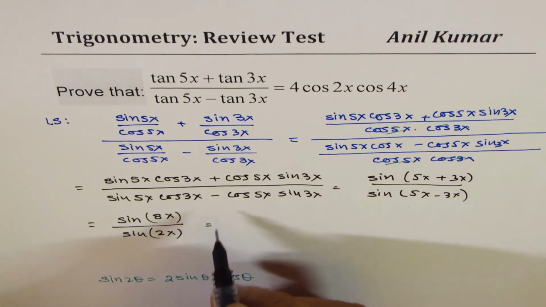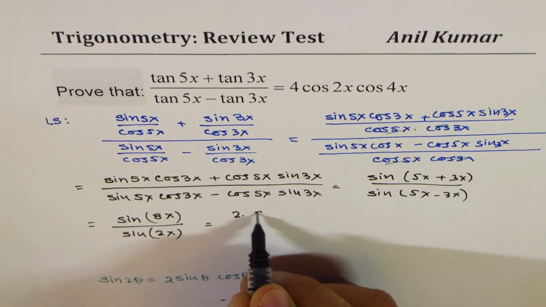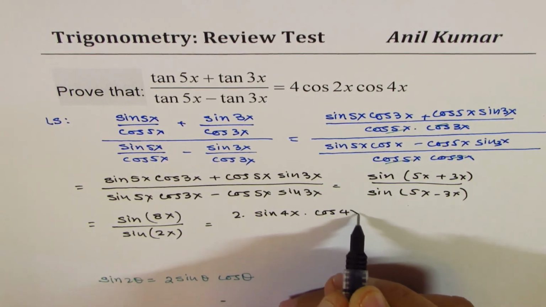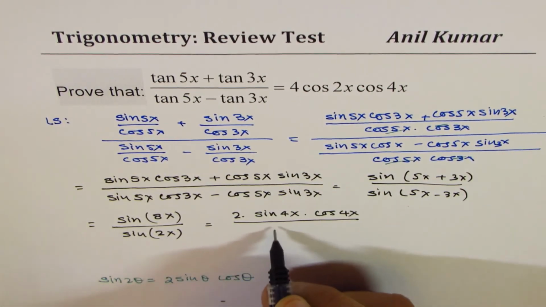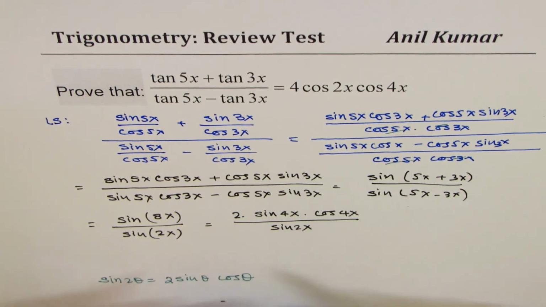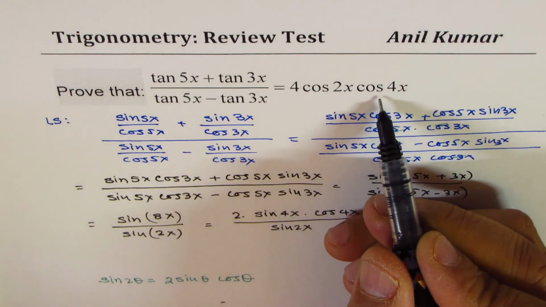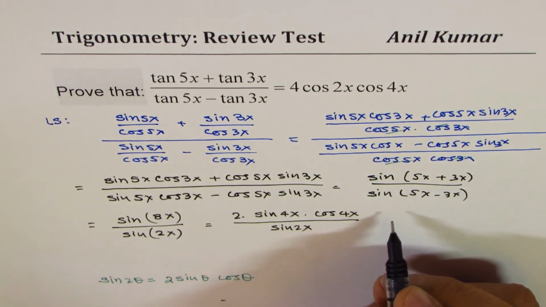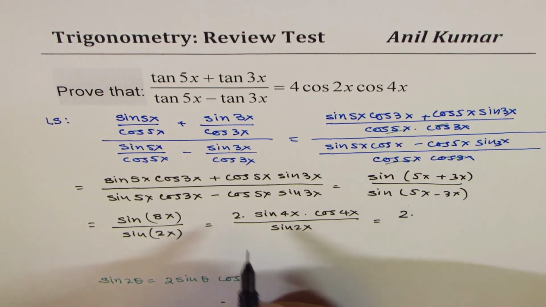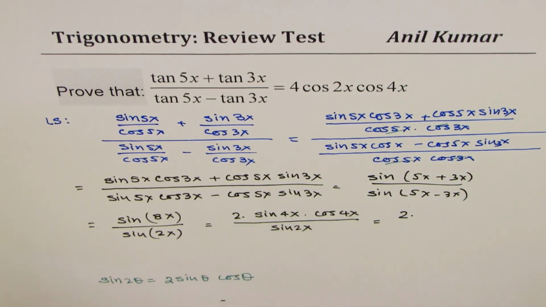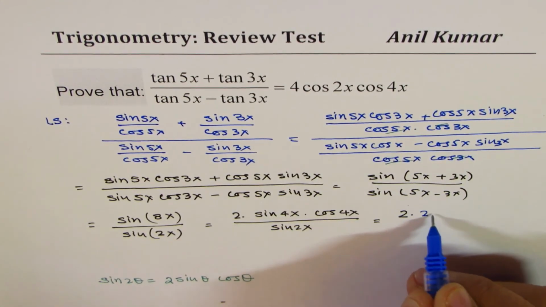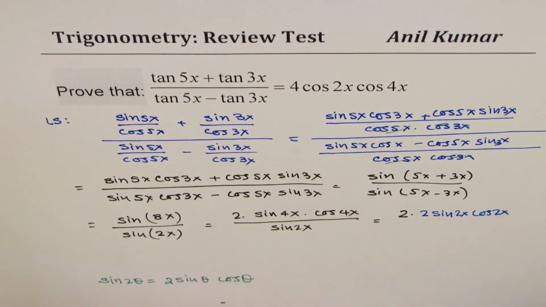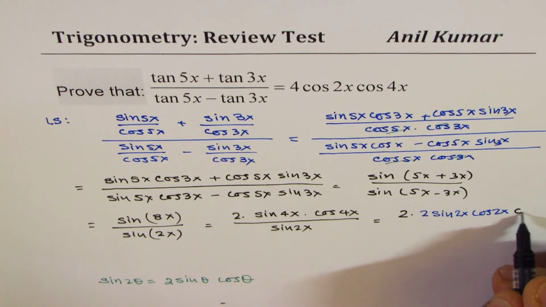So I could write this as twice sine 4x cos 4x. We'll keep the denominator as sine 2x. Now cos 4x, we already got one term. We can split sine 4x using this formula once again. So it gives you 2 times, and sine 4x could be written as 2 sine 2x cos 2x. And we'll maintain cos 4x as such.